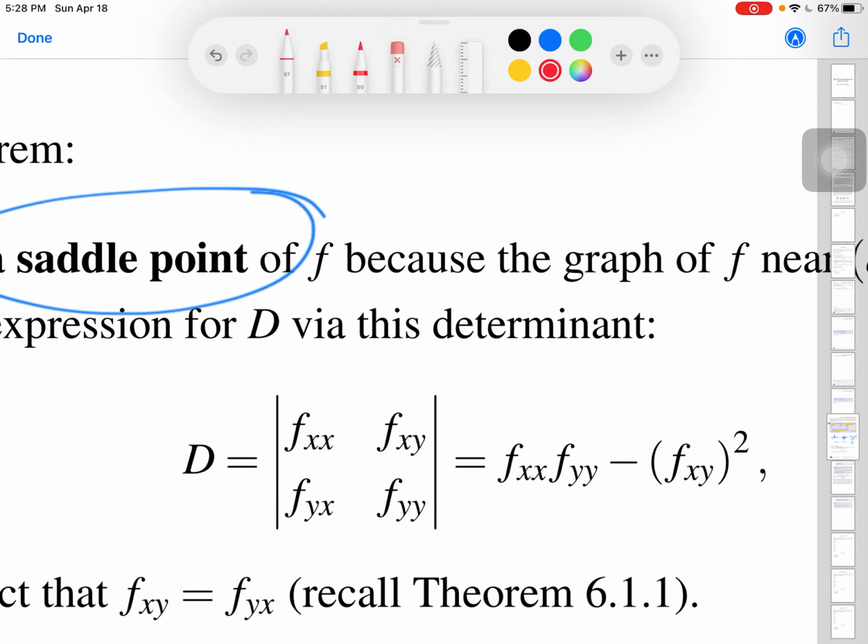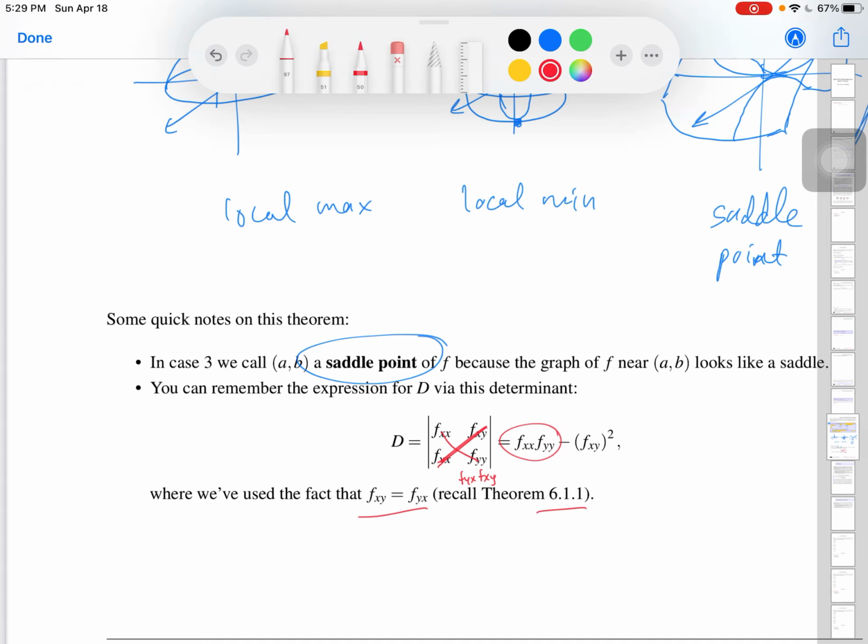Remember, with a 2 by 2 matrix, we multiply the diagonals, which gives us this term, and then we multiply the off diagonals and subtract the two. So when you multiply the off diagonals, this is technically f_yx times f_xy, but we are going to use the equality of mixed partials fact.